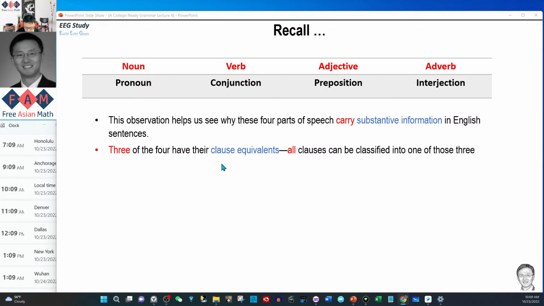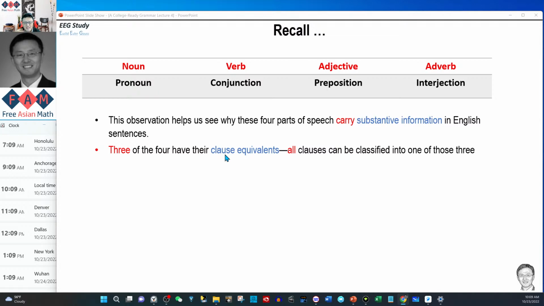All right, so let's pause for a second to think about those 4 parts of speech. Why are they so important in English? At this point, because you are already in middle school, even high school, you have certainly learned different classes in English. You have studied sentences that are compound or complex.